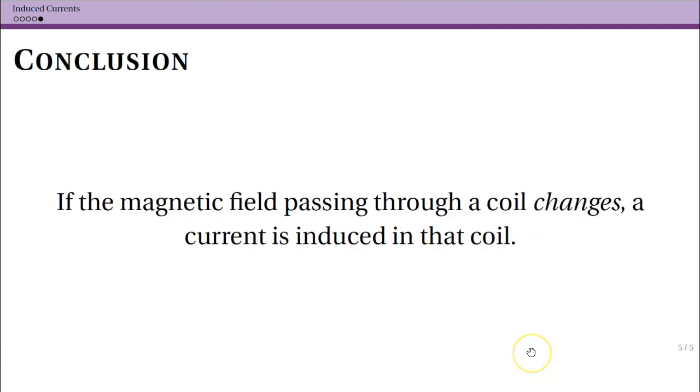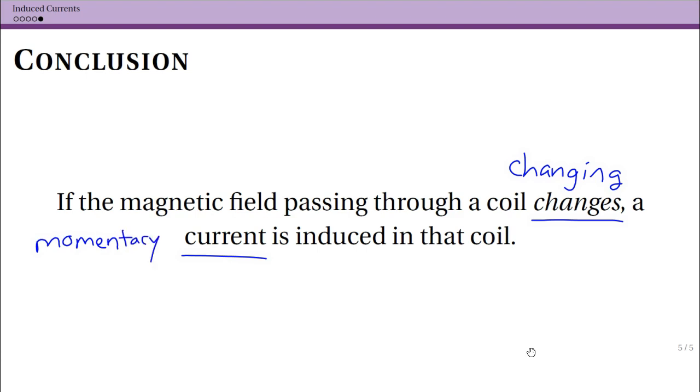So what is the conclusion? If a magnetic field passing through a coil changes, or is in the process of changing, you get a current induced in that coil. And again, it's momentary in that as soon as your magnetic field is constant, that current goes away.